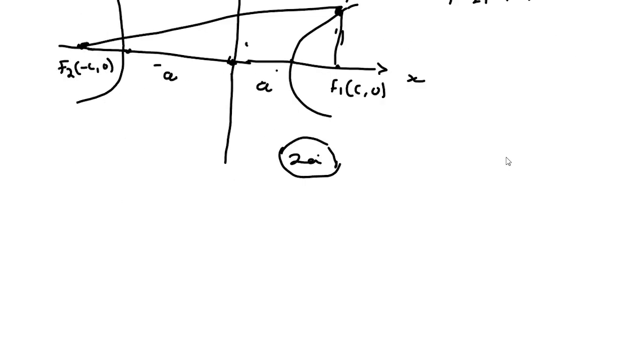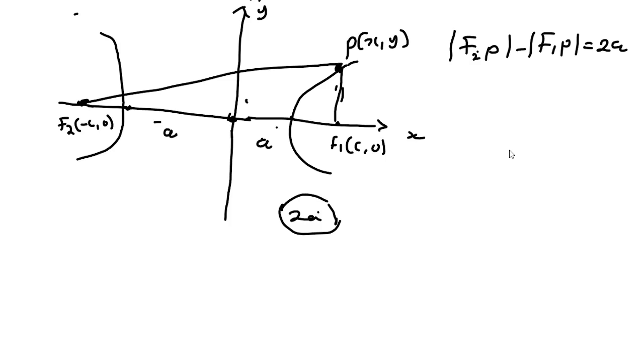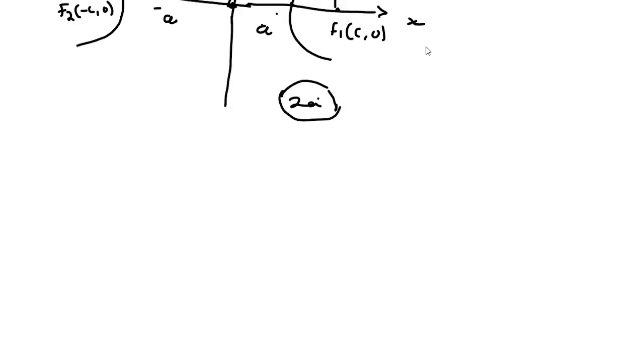So now we have our equation in the form F2P minus F1P equals 2a.